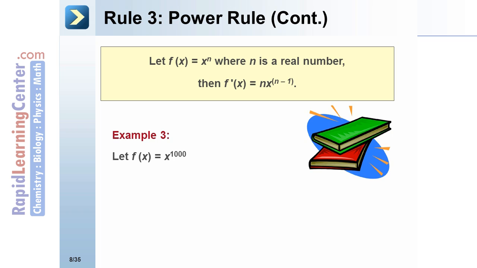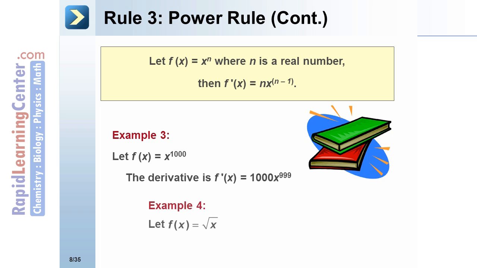Let's look at example 3 here, where f of x equals x raised to the 1,000th power. Applying the power rule gives us the derivative f prime of x equal to 1,000 times x raised to the 999th power.